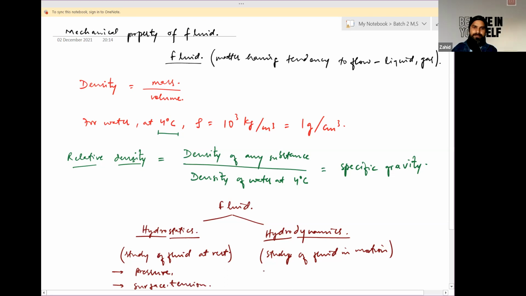For hydrodynamics, first is flow, viscosity, and its various applications, and the most important, Bernoulli's principle and its various applications.